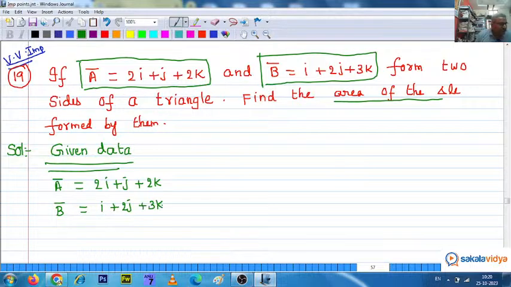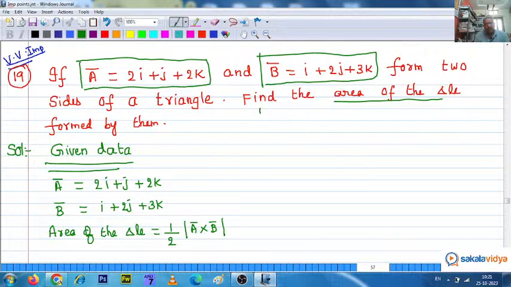So, next, the area of the triangle formed by these two vectors is equal to half mod A cross B. This, write down. So, first we need to find out A cross B.